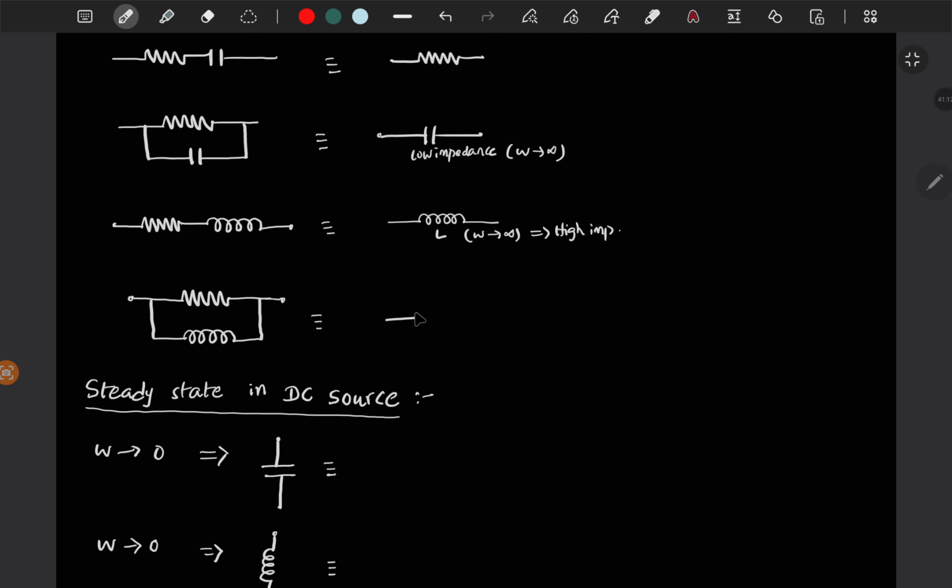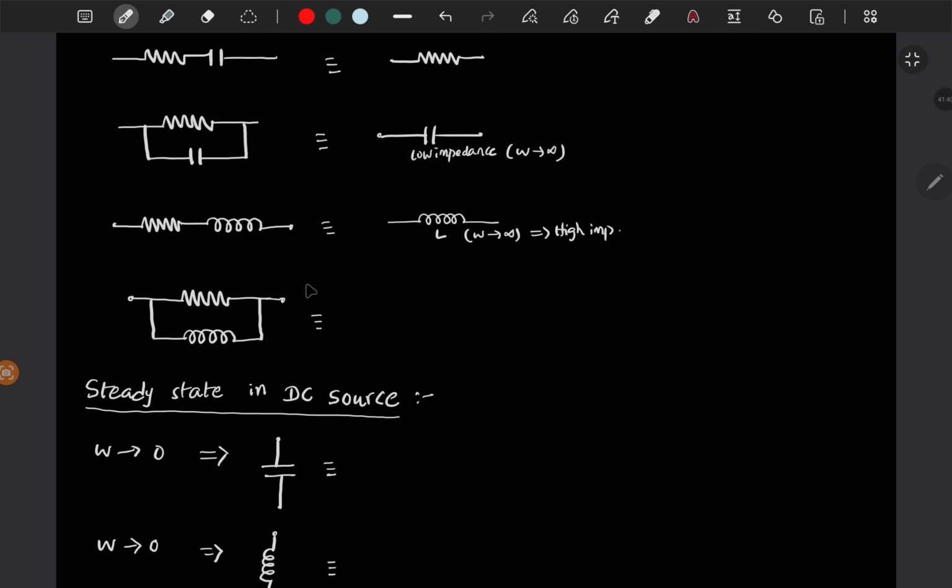And if this is high impedance, and two impedances are in parallel, one high and one low, then it is approximated by the very low impedance, right? Suppose you have 1 ohm and an impedance of 10,000 ohm, you will get approximately 0.9999 ohm, which is nothing but the lower impedance.